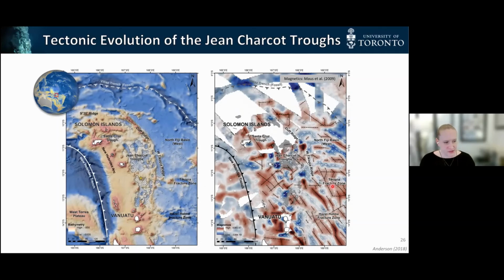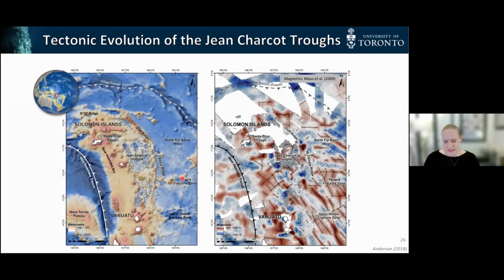This is a paleo spreading center that formed during the opening of the North Fiji Basin. And that also, if we trace it into the back arc, we see that there's this area of a bathymetric high. So this is telling us that this is likely a very large lithospheric scale structure that magmas in the back arc are just exploiting. And that's kind of bisecting the grabens in the back arc with this bathymetric high.